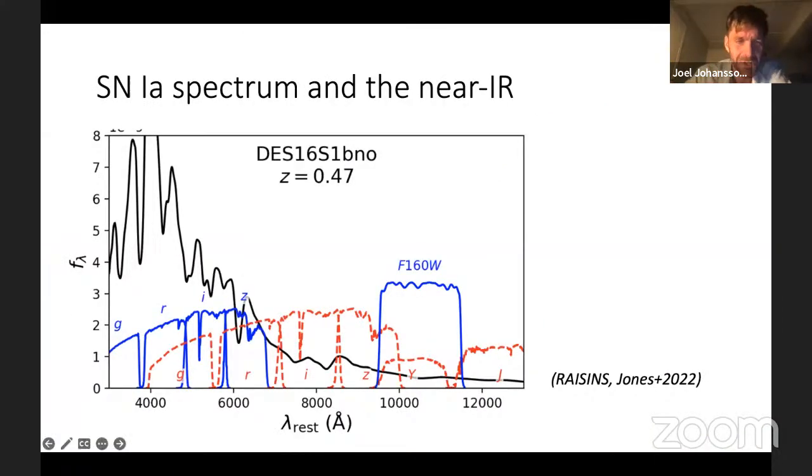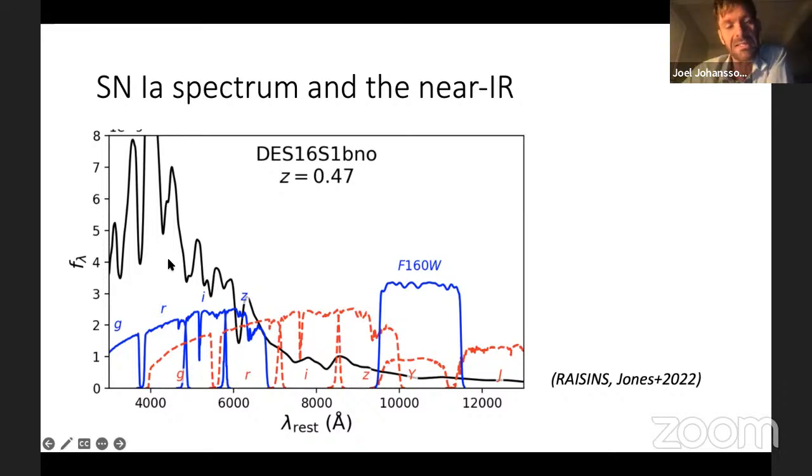And I'm just showing here a supernova spectrum in black of a fairly high redshift supernova that was observed by the RAISIN program with the Hubble Space Telescope. So you can see here that most of the flux of the supernova sits out here in the rest-frame optical, at around 4,000 angstroms or something.